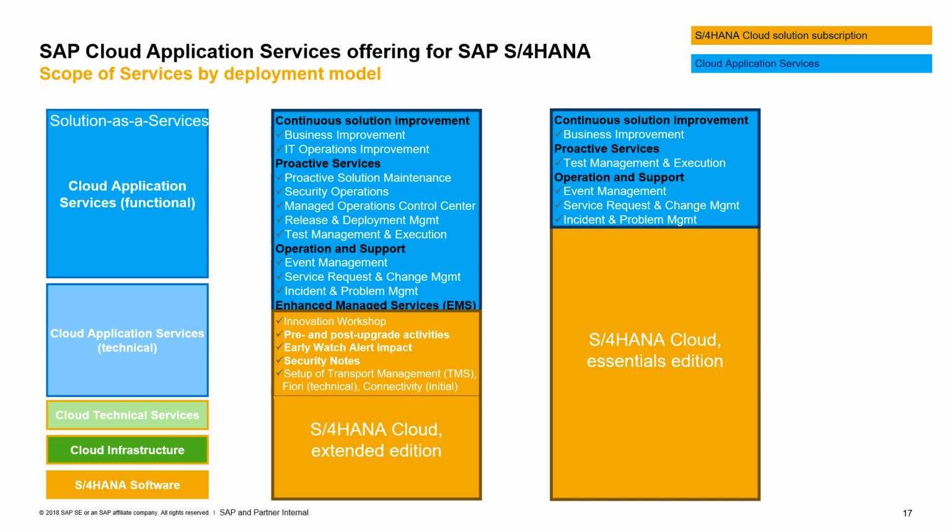SAP Cloud Application Services, or implementation services, something that normally a partner would provide when you're working with a customer, then completes the coverage with an SLA-based application operation and support relating to customer-specific announcements outside of the core cloud scope, service and change management, as well as system event management, including safeguarding of integration, proactive services with specifically test management and execution, and continuous solution improvement with specific focus on business improvement and release update acceleration and optimization.